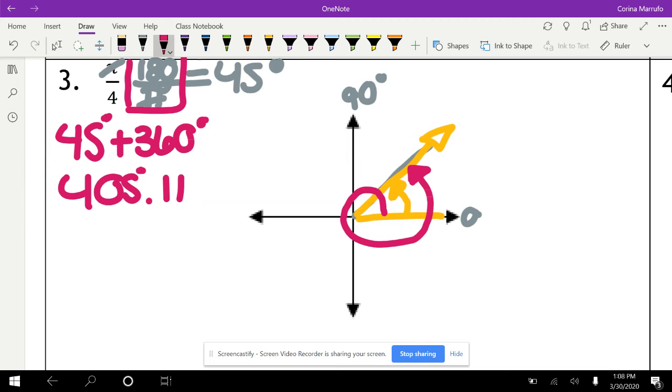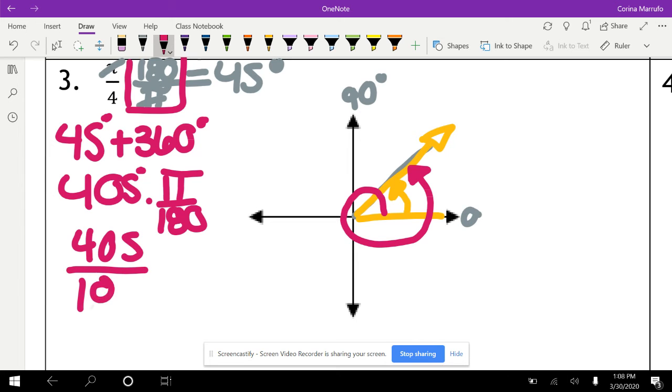Sorry. Pi over 180. And so in our calculators, you are going to put 405 divided by 180, and then that'll tell you what your radians are.